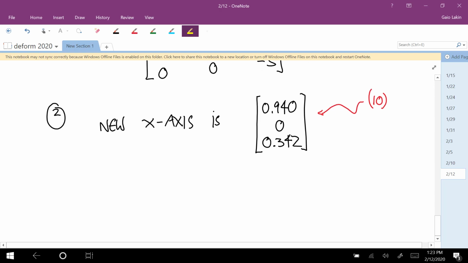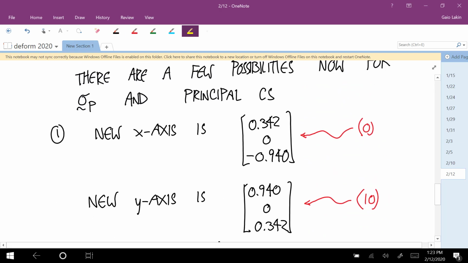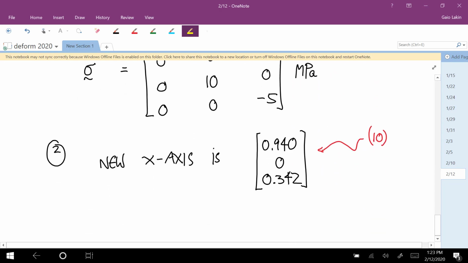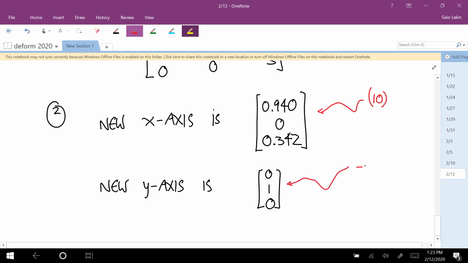Okay. And now the one that's closest to our y-axis is, so our new y-axis is our old y-axis. And just like it was before, that's still the one that's linked to the -5.